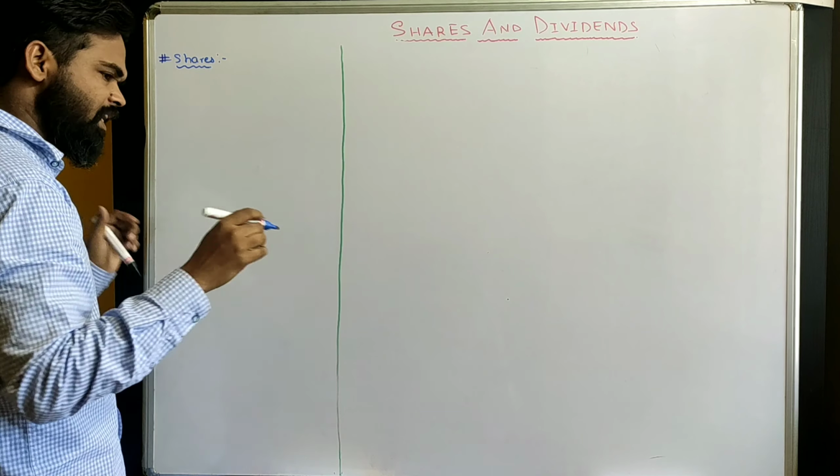The market value is more than the face value. There may be times that the company is not doing well and I need to sell the shares at a discount. Suppose the discount is D. So your market value will be your face value minus discount D, which means in this case the market value will be less than the face value.